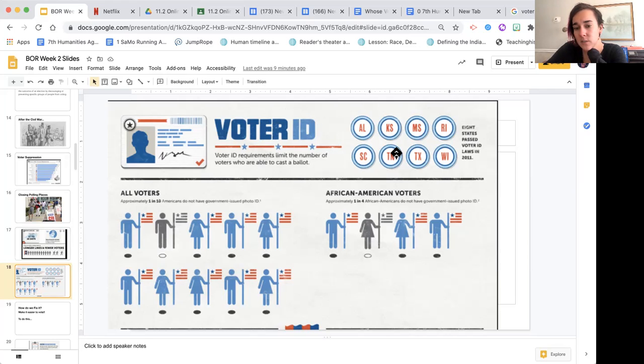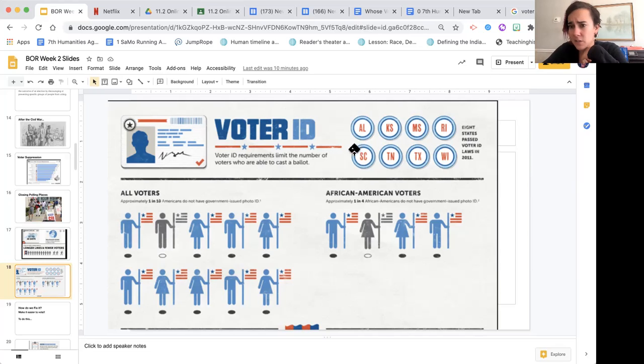So this makes it harder even for people who want to vote. If they don't have the right kind of ID, it can be really hard for them to cast their vote. They can be turned away or told they have to come back in order to show an ID later on. And this is affecting disproportionately poor people, people who live in cities, and African-American people. Oh, and Native American people, who often don't have a traditional driver's license and whose licenses often don't have the address written on, because of the way that reservations are set up, where American Indian people live, they often don't have their address on their card, so they're also really affected by these laws.